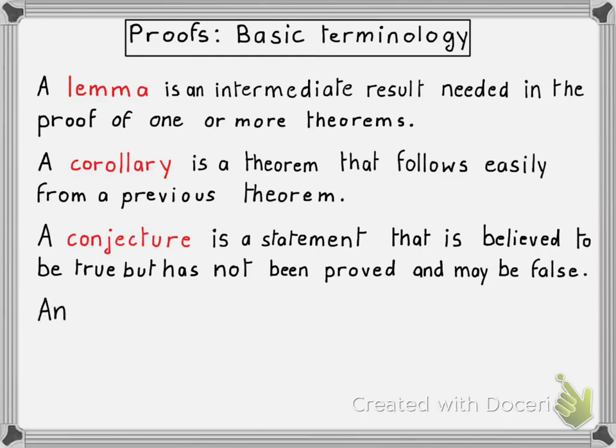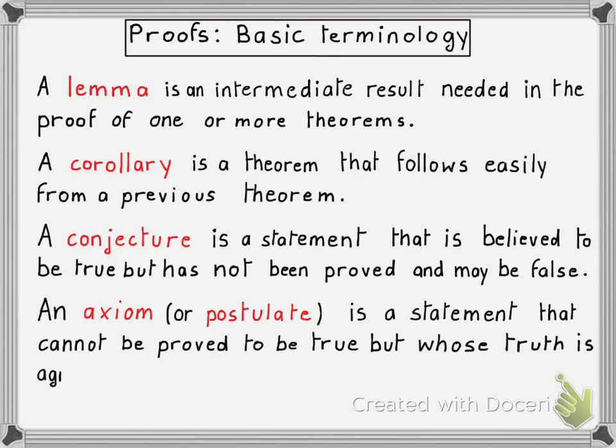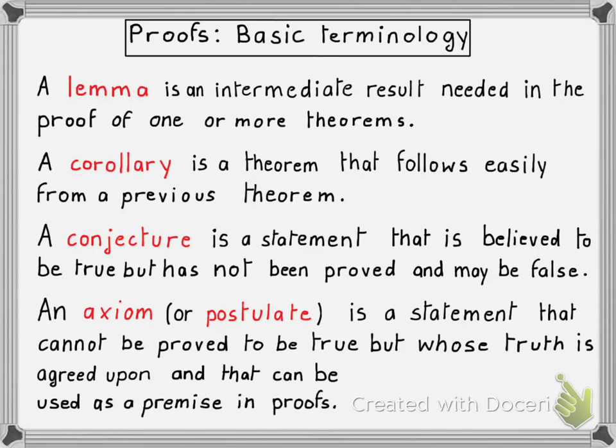And finally, our last definition in this first segment is an axiom, or also called a postulate. An axiom is a statement that cannot be proved to be true, but that is true. In fact, its truth is agreed upon by everybody. It's basically obvious that it's true, and therefore it can be used as a premise or as a justification in a proof.